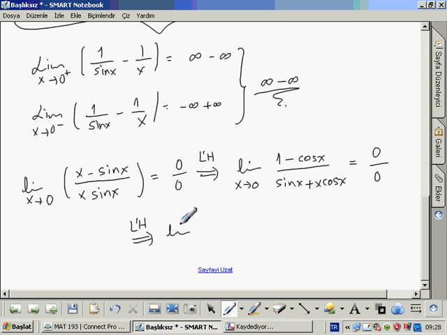The limit x equals to 0, and the numerator part will be sine x over 2 cosine x minus x times sine x, and with 0 over 2 minus 0, so it's equal to 0.